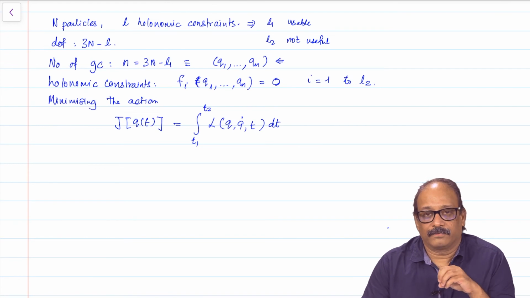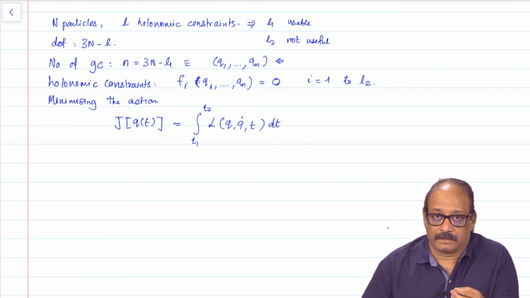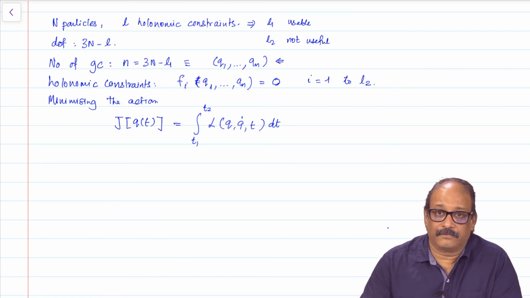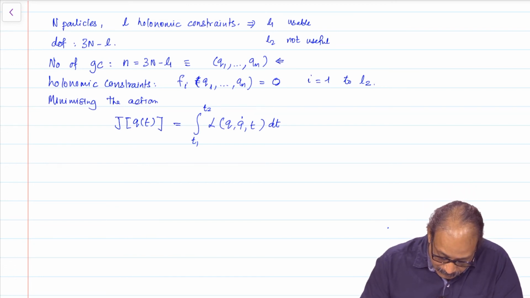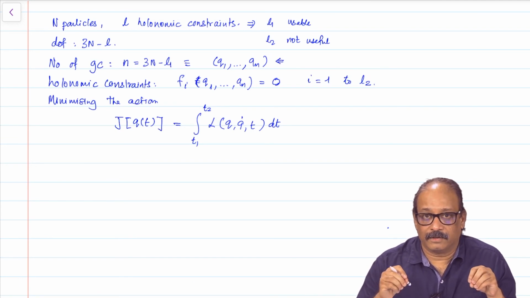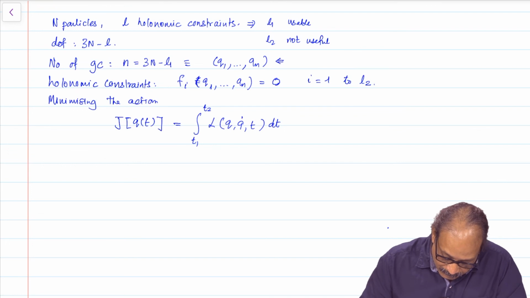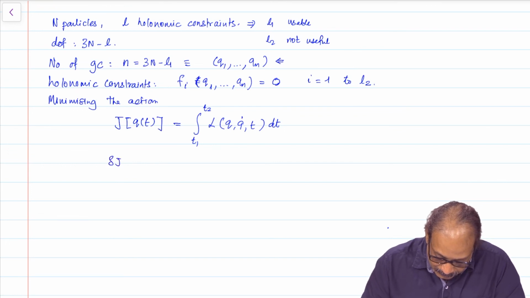To find the stationary points of this, we look at the variation, and all the standard procedure will apply. We have to make virtual displacements and construct new paths, and when we do that, the variation delta J will be equal to the integral from T1 to T2.